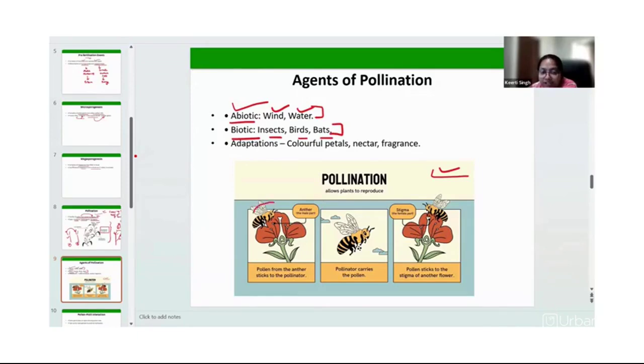This pollinator will sit on this flower. Some of the pollen grains will stick to its leg. It will transfer and sit on another plant where the pollination will take place. This pollen will be shed on this stigma. And after that, some pollen-pistil interaction will take place.